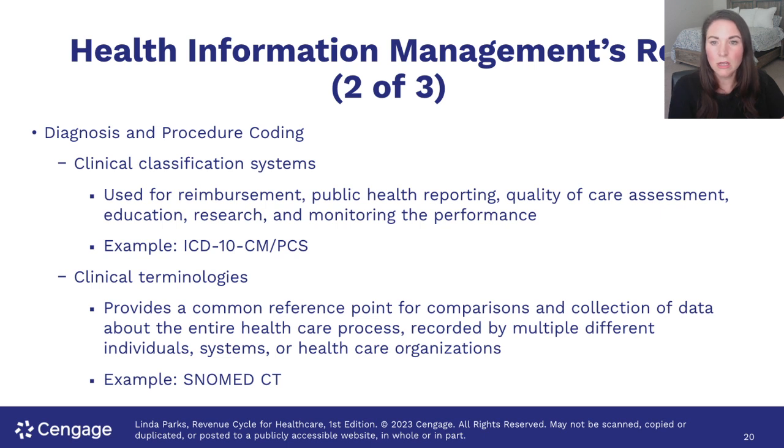Clinical classification systems are used for reimbursement, obviously, but also to make reports related to public health and quality control, for research and education, and for monitoring the performance of the doctors and hospitals. So this would be ICD-10-CM, ICD-10-PCS, and CPT.